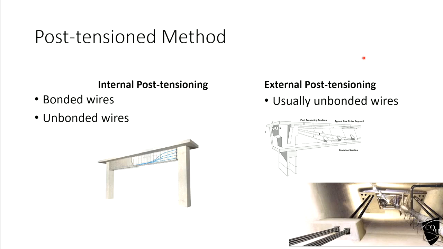Sometimes they also use a cover, like a small tube kind of thing. They insert the transparent covers over the tendons, so that they should be able to see the corrosion issues and monitor.